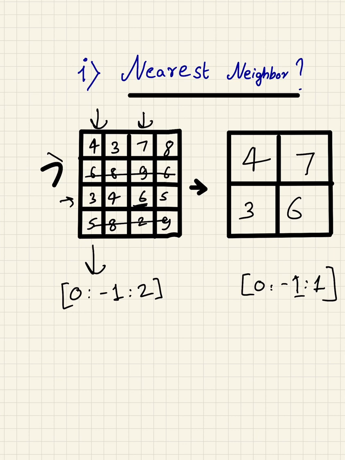This is a very easy method, and maybe not so good, or you might not get very accurate results, but what you're doing is you're getting the nearest neighbor and you're filling these values. We are doing just the opposite of what we did in the previous video.